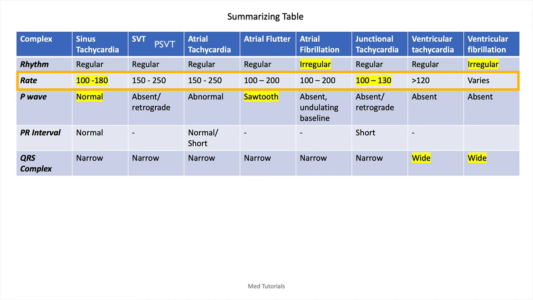It's unusual for sinus tachycardia to go more than 180, and the other thing is junctional tachycardia. Junctional tachycardia never goes above 130. So if you're dealing with a narrow complex tachycardia with rates more than 130, it's more likely to be something else, like a PSVT which you're dealing with.